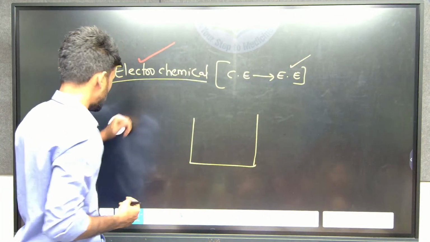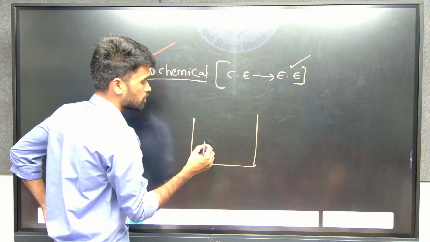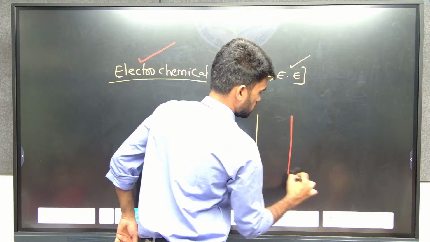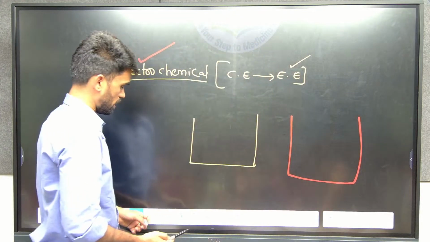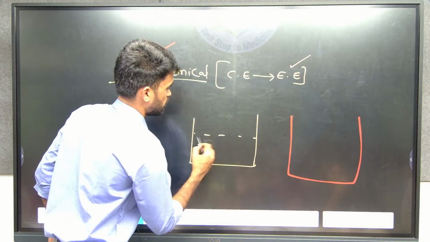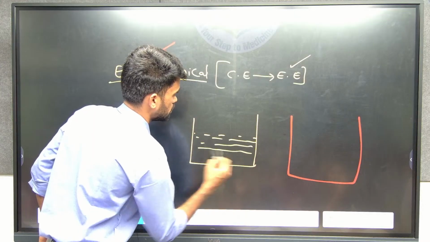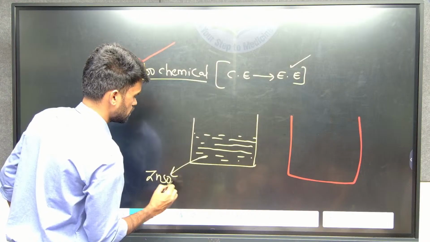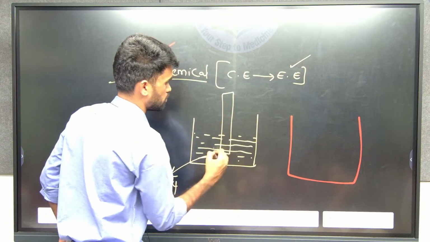So for this we need to have two containers. This first one is filled with what? Zinc sulfate solution in which a zinc rod is dipped.